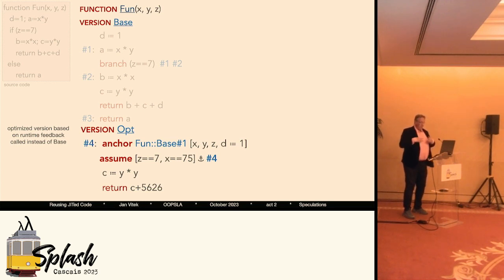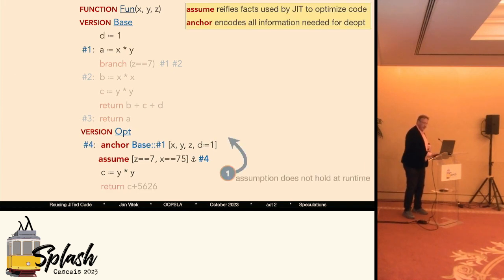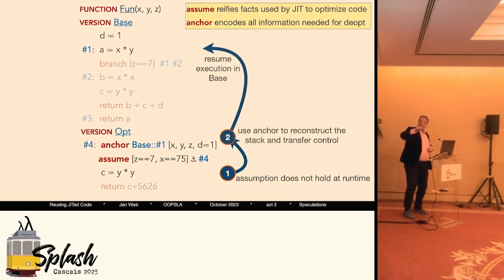So what does the JIT do? It does 2 things. It introduces two instructions, assume, which is saying, these are the facts I'm assuming for correctness. If they do not hold, then there's the anchor, which says, jump to the anchor and de-optimize. So if my assumption here does not hold, I will jump to the anchor statement.